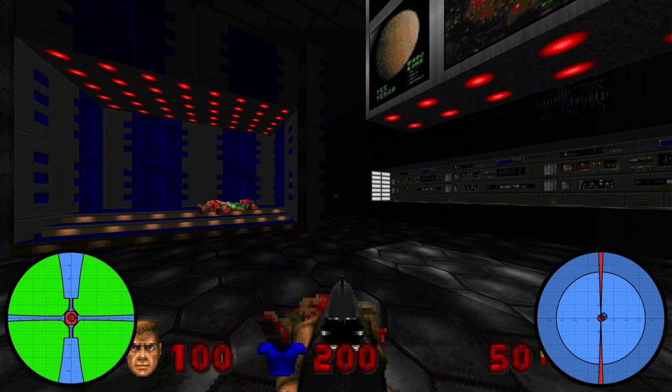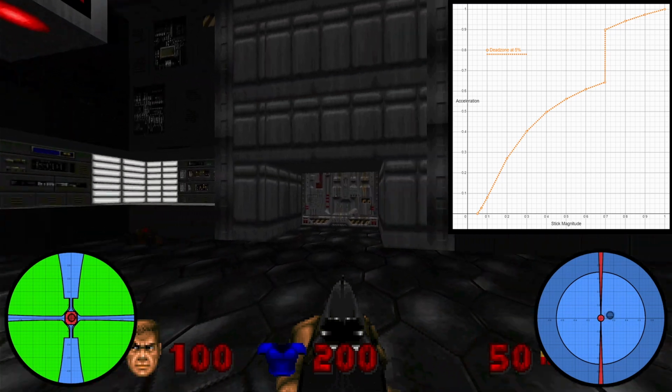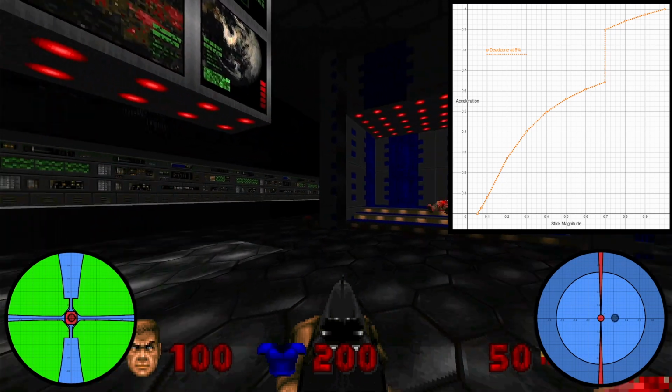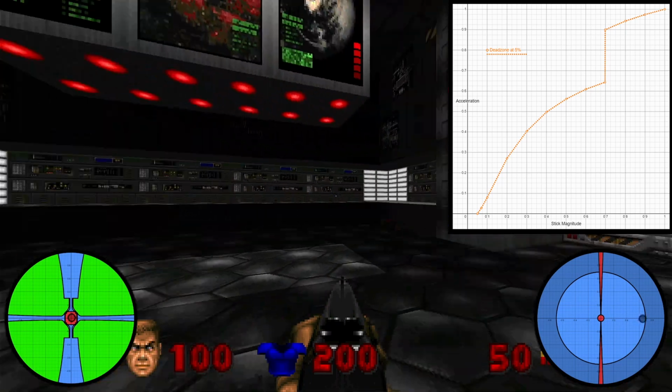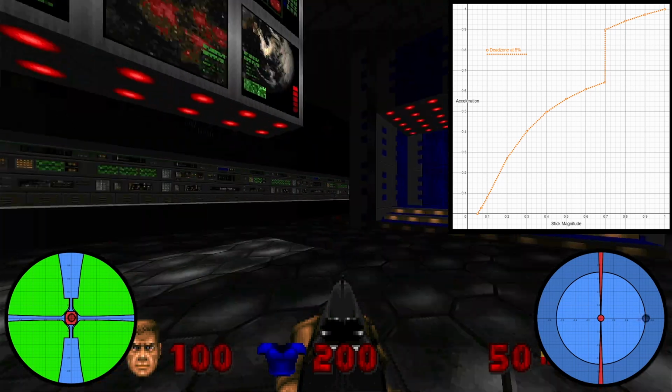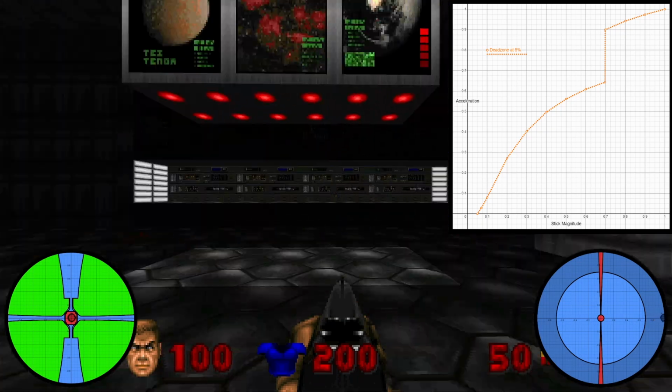And the curve itself is almost a root curve. It builds up very fast and then begins tapering off, and then it's this acceleration jump, and then still tapers off until its maximum turn rate.